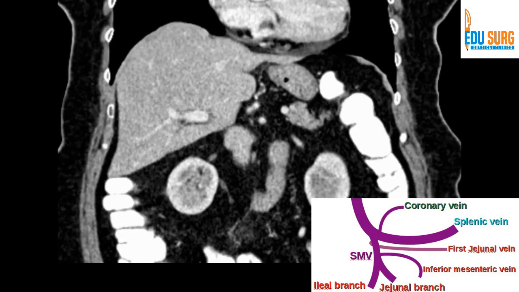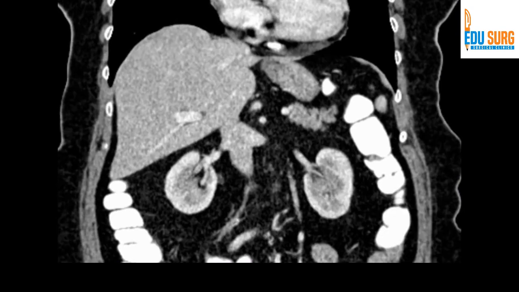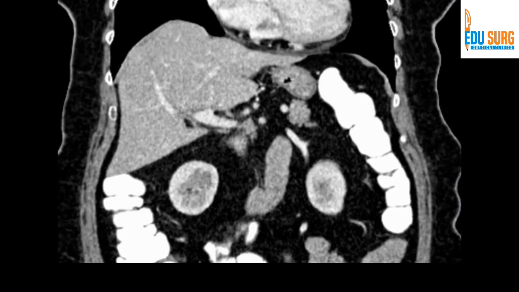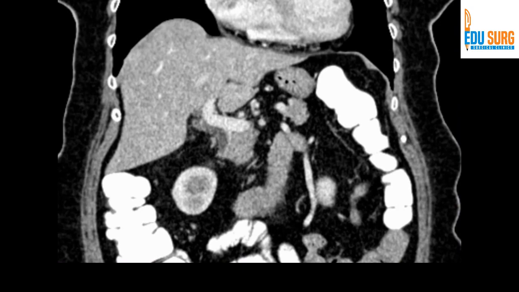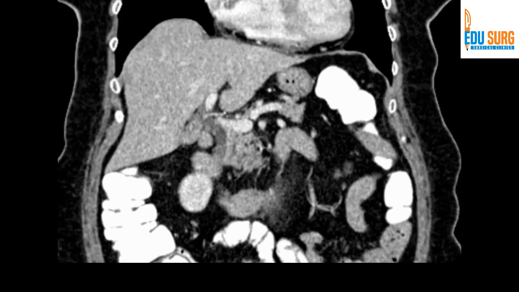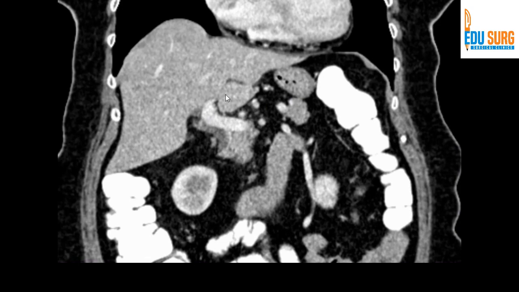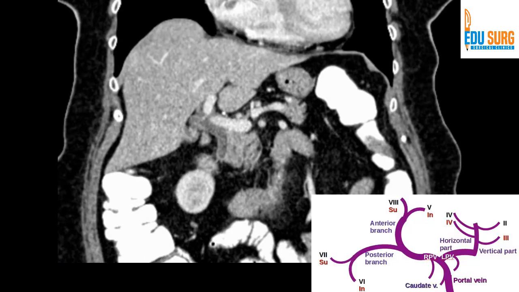Now we know that portal vein goes in the liver and divides into right and left branches usually. So again, this is where I like to review these scans in coronal images, because it becomes easier in coronal images to identify these branches. So as you can see, this is the left branch of the portal vein.